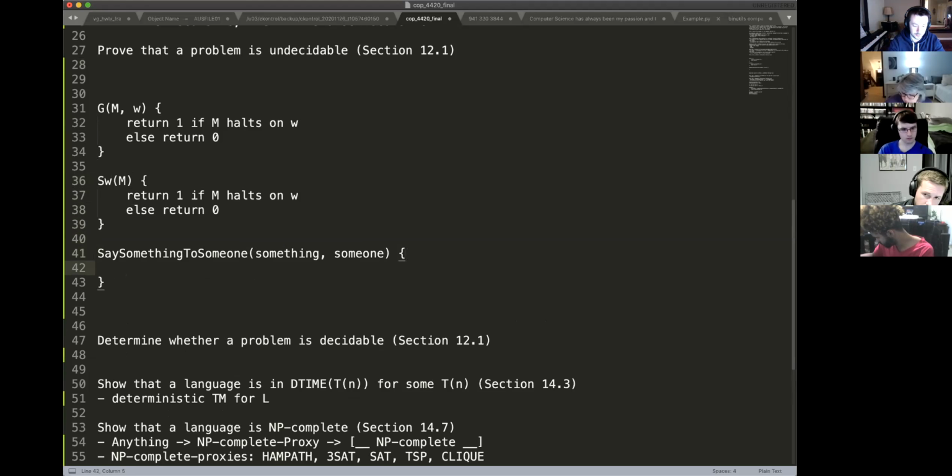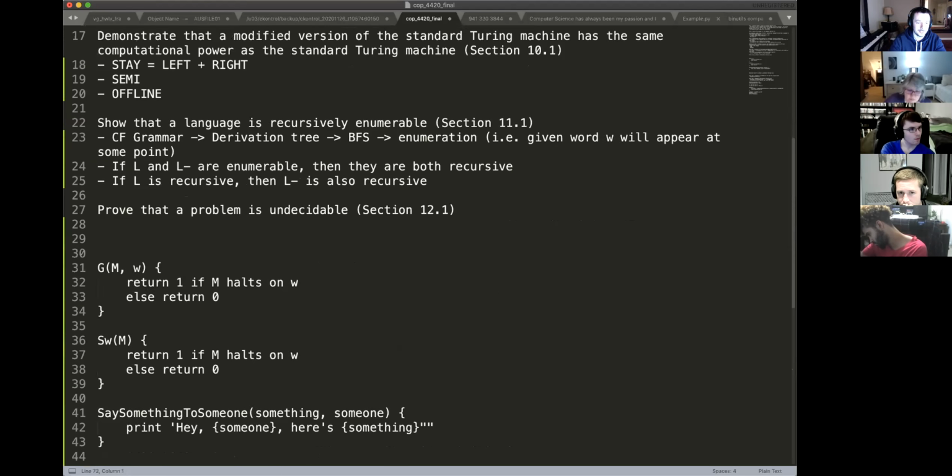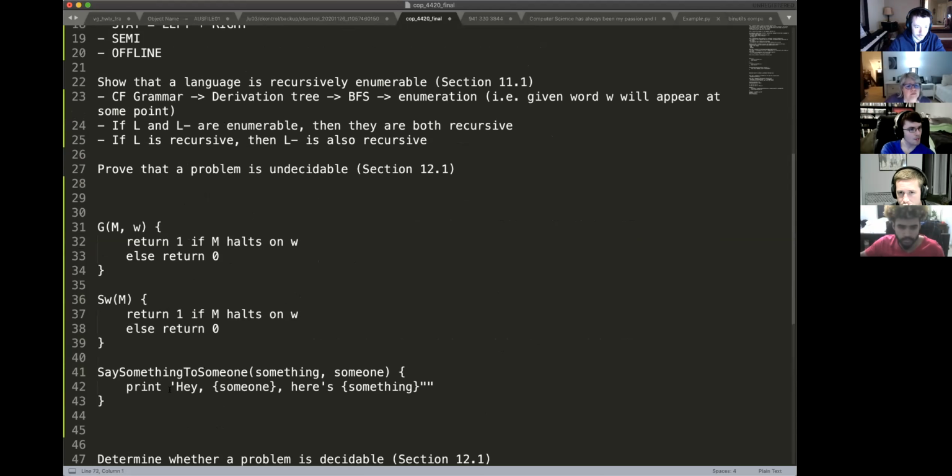And then we just do print, hey, someone, here's something. Obviously that wouldn't work because of the quotes, but whatever. And so this is our general function. This is our general problem. It takes 2 arguments and it works.